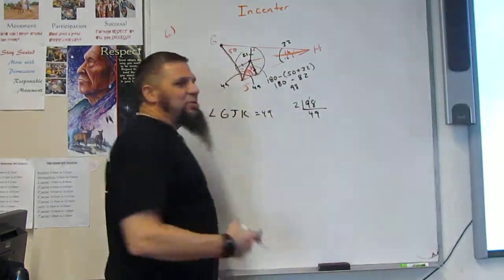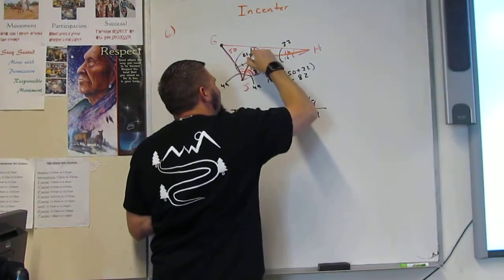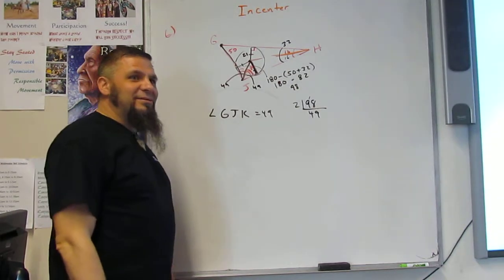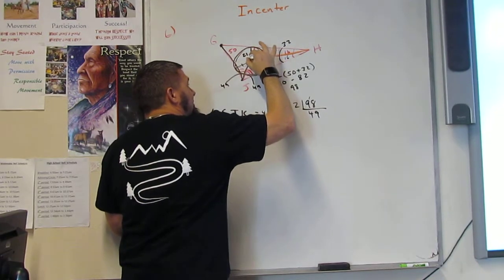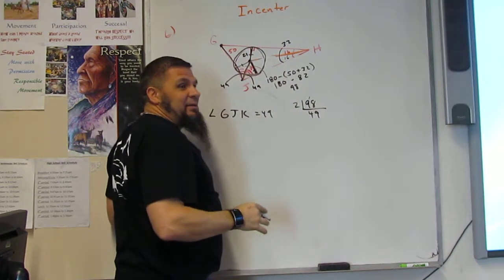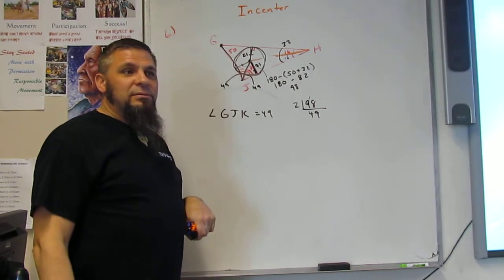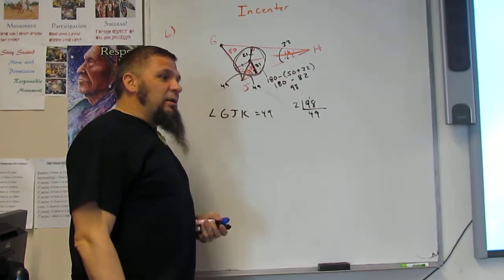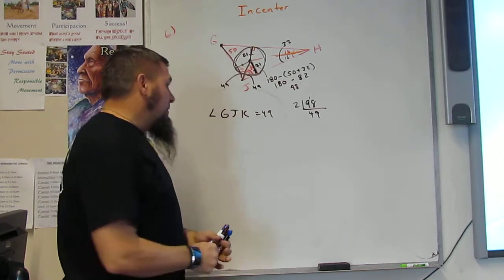And then they're asking me the distance from K to HJ. They're trying to trick you. HJ is here. They're saying, we want this distance. And you're like, I know. If you don't know that this is creating this circle and that this is the radius, you have no clue that it's as easy as that. Now you might be another YouTube sensation if you just come up with 21.